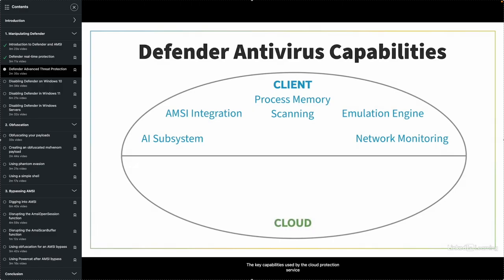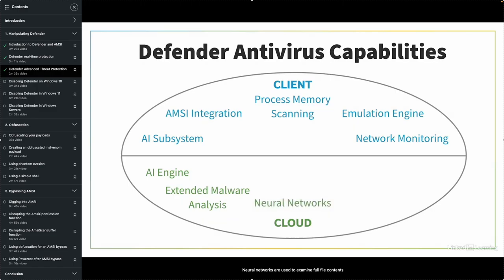The key capabilities used by the Cloud Protection Service are as follows. More advanced AI subsystem based on machine learning, metadata, and behavior analysis. Client AMSI analysis is supported by more extensive cloud analysis. Neural networks are used to examine full file contents for those files the client considers suspicious.